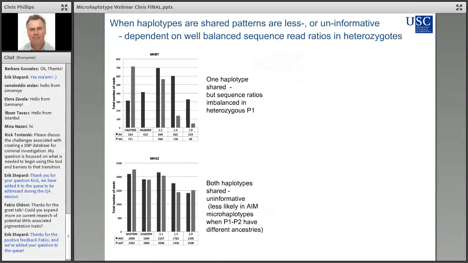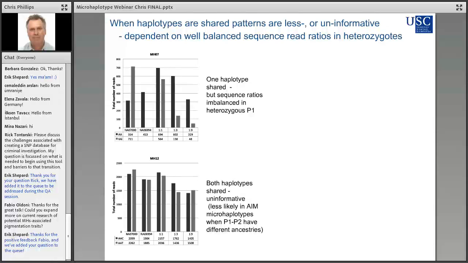Here are 2 examples where we've got the dual problem of allele sharing between the 2 components. These are 2 microhaplotypes that are less polymorphic, so that should be no surprise. And we've also got the problem of imbalance. In this first example, we've got a unique allele in P1, but it's very imbalanced.